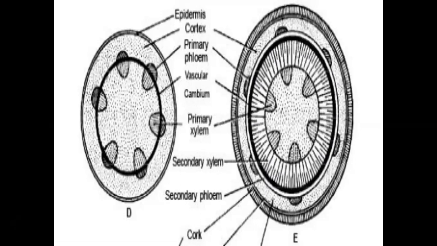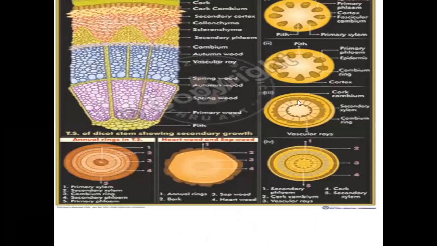It is a continuous process. Here the vascular cambium produces a small amount of secondary phloem to the outside and a large amount of secondary xylem to the inside. During the development of this secondary xylem, the xylem tissues are developed according to the season.